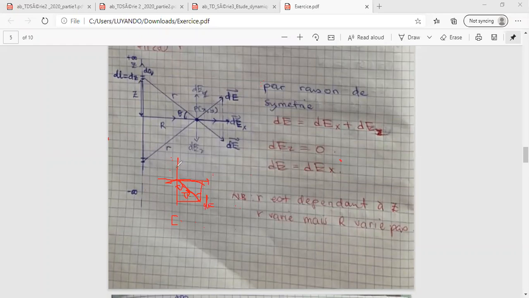So using our three-dimensional plane, we take this as our k and we take this as our x. Sorry, my pen is very bad.